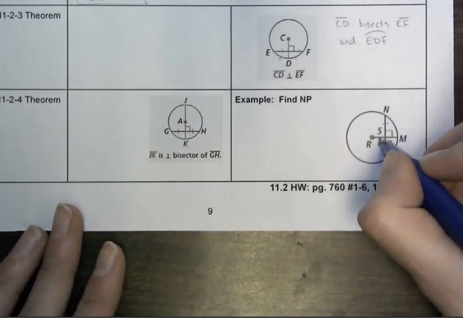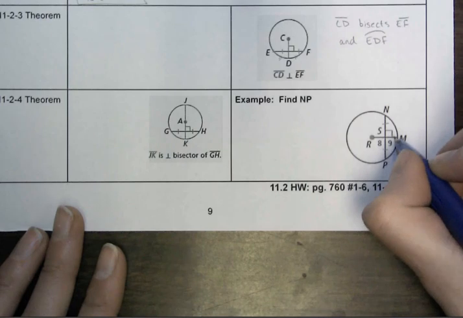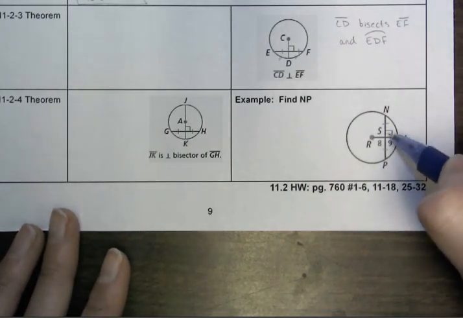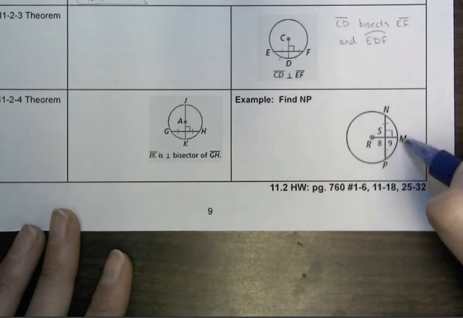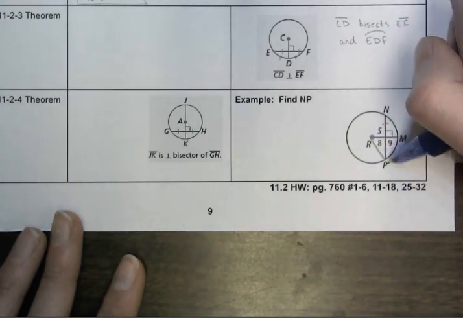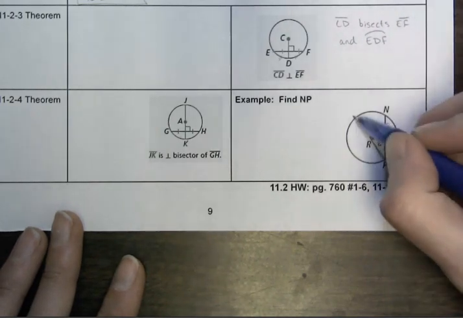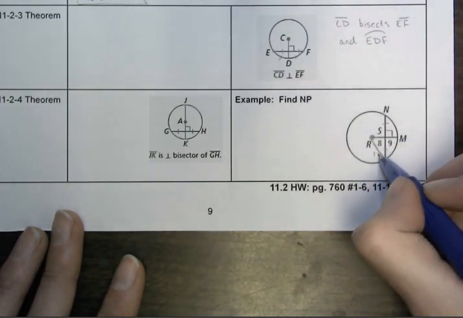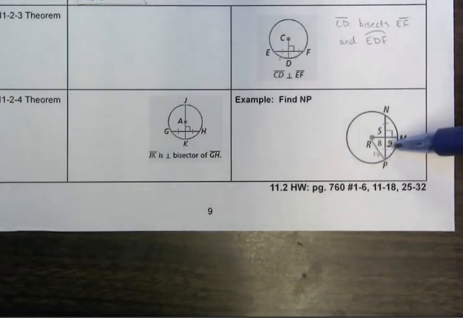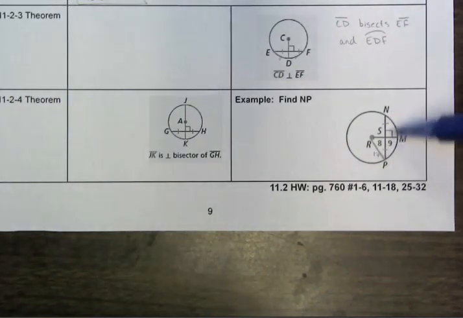So the radius is the distance from R to M, and remember, radius can be drawn in lots of places. So the distance from R to M is actually 17, right? 8 plus 9. So if I were to draw in another radius, this is also 17. Any distance from the center to the edge of the circle is 17. So if I could figure out this piece, I would just double it to get the whole chord NP.